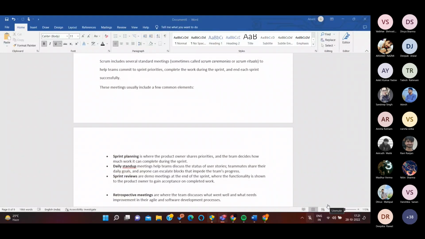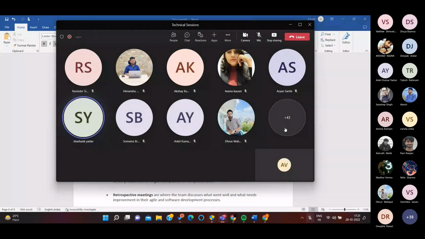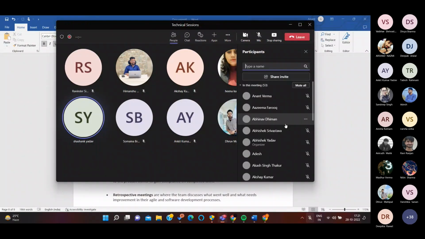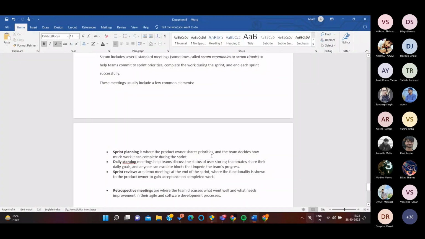Suppose a task has one story point, then they can decide it needs to be done in 1 or 2 hours, and three story points needs to be done in 4 to 5 hours, like that. But in some organizations, they don't consider story points in terms of hours. They consider them in terms of complexity.